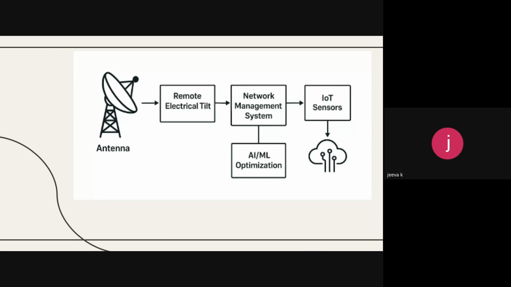For this, the remote electrical tilt and the network management system play a major role in the antenna. Looking at antenna infrastructure, previously there was a big bowl-like structure, but nowadays you see bar-type boxes, which are the receivers, and there are some transmitters.